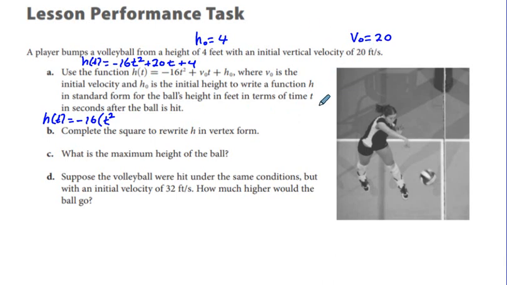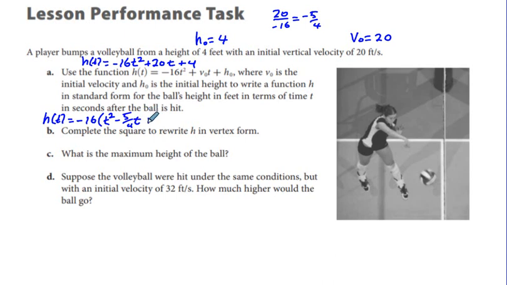To find that, I'm going to work it up here in the upper right. If we take 20 and divide it by negative 16, we get negative 5/4. So minus 5/4 t is what's going to go here.